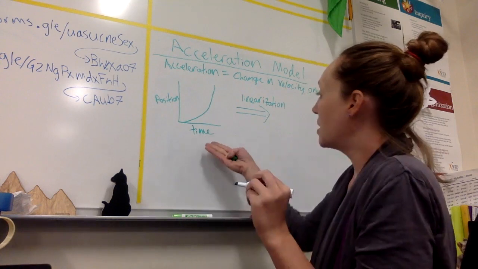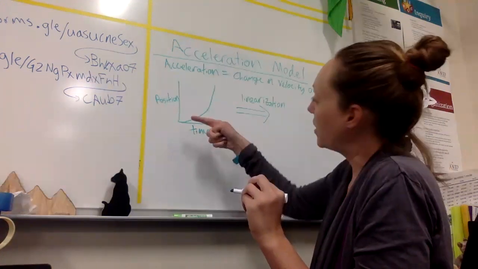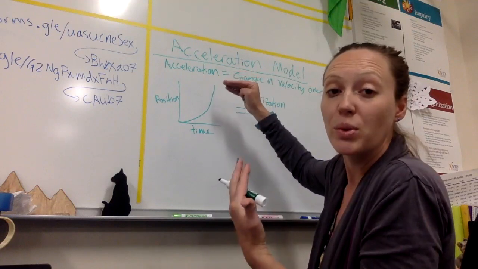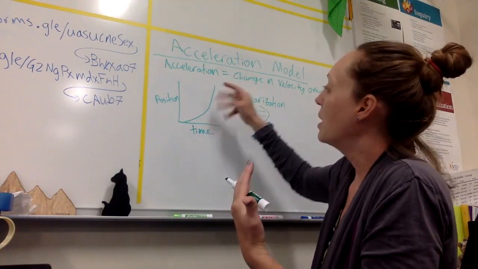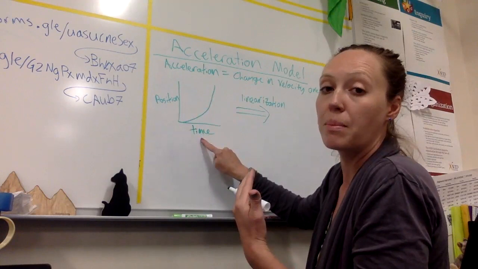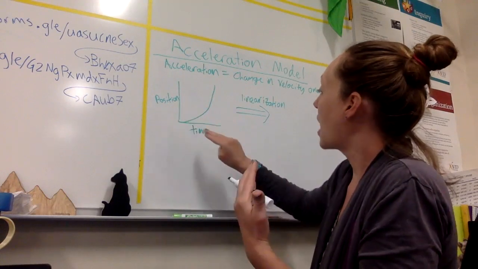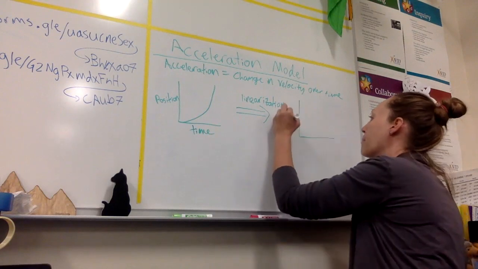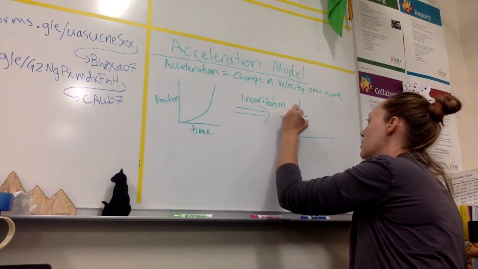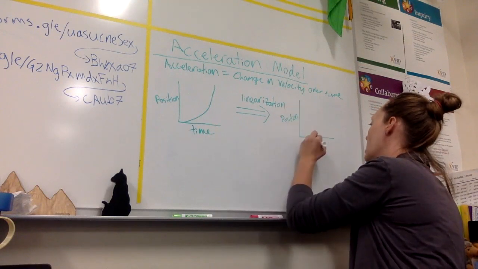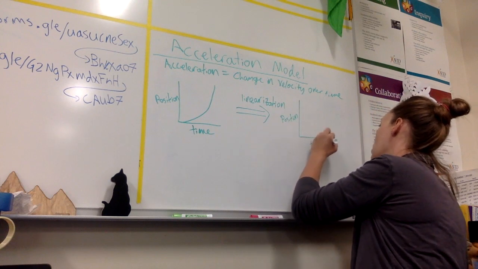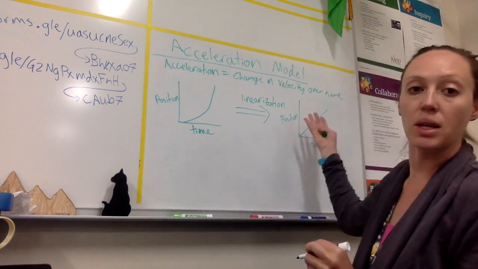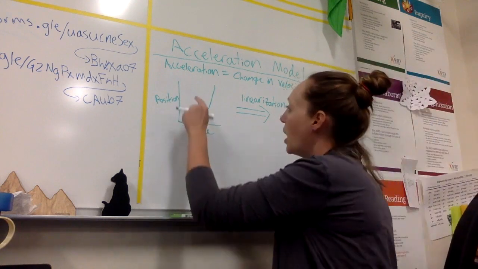We linearized it by exploiting the fact that if we see this shape, it tells us that there's probably a direct relationship, not between position and time, but between position and time squared. So we graphed position versus time squared, and sure enough, we got this nice straight line. So the second one is linear.